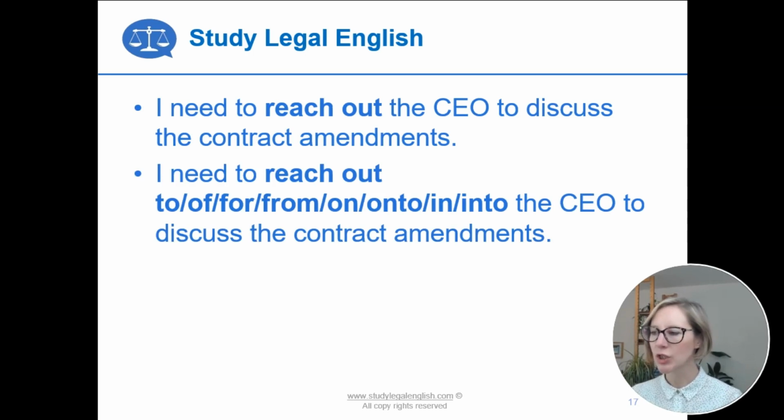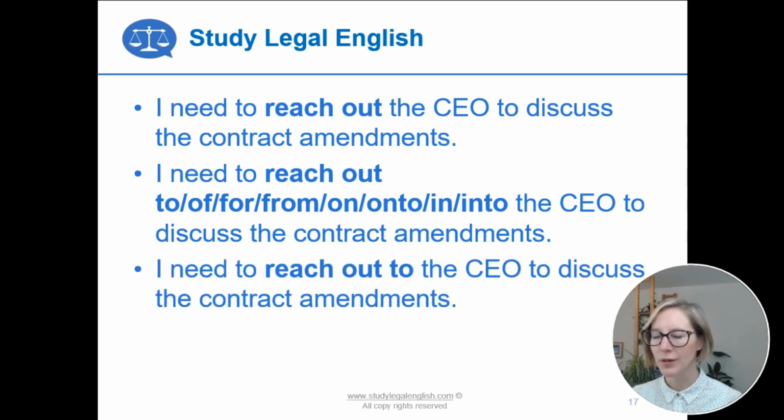I need to reach out to, of, for, from, on, onto, in, into the CEO to discuss the contract amendments. What do you think is the correct preposition there? 3, 2, 1. The correct preposition is I need to reach out to the CEO to discuss the contract amendments.